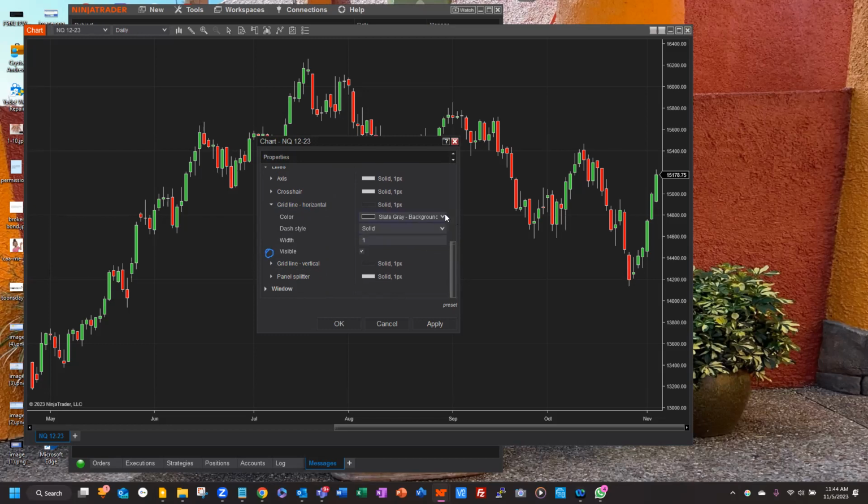From solid or the color? Color, transparent. Hit horizontal first. We'll do each one and make sure this is transparent. Okay. All right, now do the same thing for the vertical.